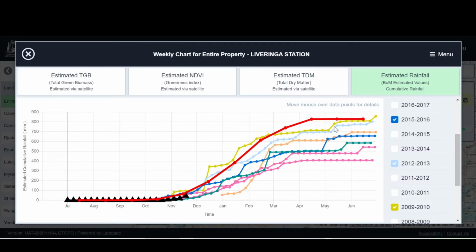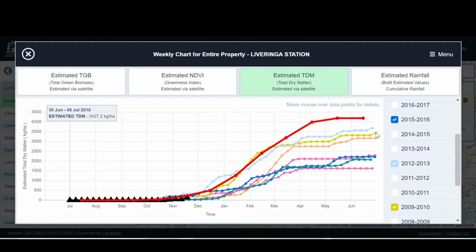Knowing that all these years were bad years, which is interesting because this 2010 is showing that in terms of rainfall, it was actually a median year. But remember, when we went back to the total dry matter, it was well below median. So that's the difference between rainfall and total dry matter. Total dry matter is the end result. Total rainfall, depending on when it falls, can give you a different result.